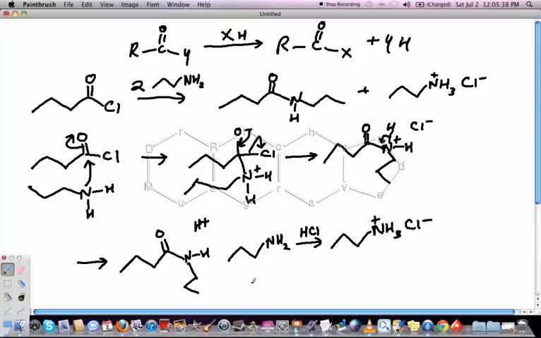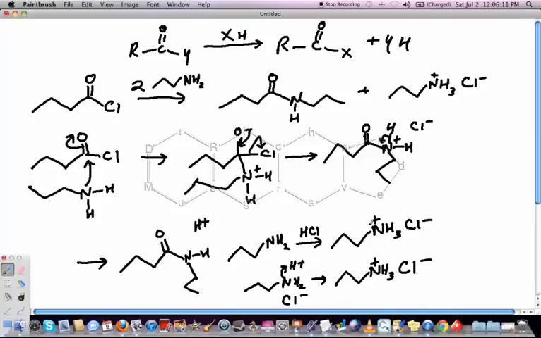Now if you're interested in the mechanism for that, it's fairly trivial actually. The N takes the H plus, and we end up with NH3 plus, which will combine with the Cl minus, and it's going to be the counter ion. So this will just be an amine hydrochloride salt that gets formed.